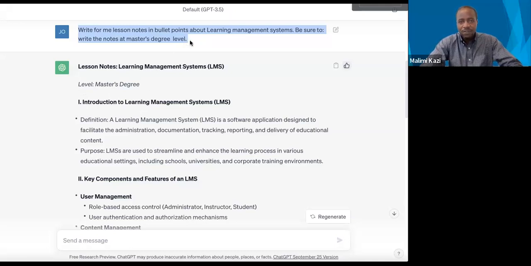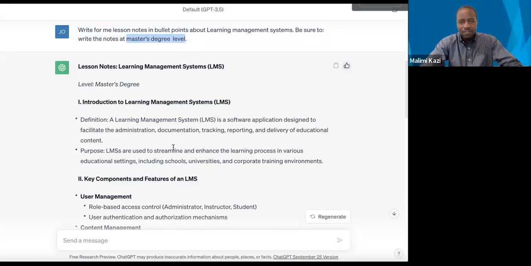It is because in the prompt, I mentioned that these notes should be at the level of master's degree, and the AI system was able to highlight on that.